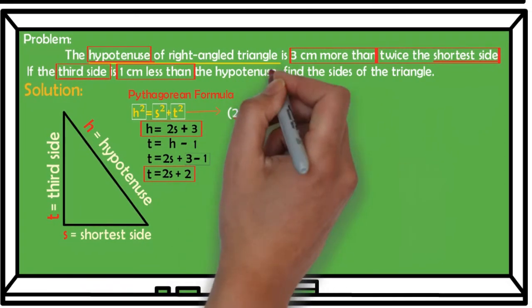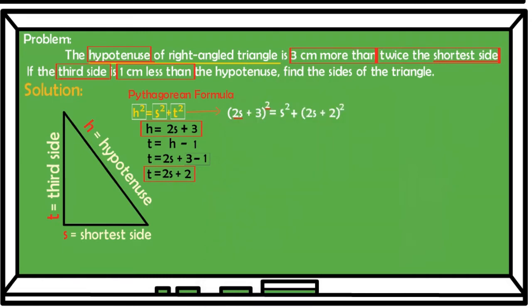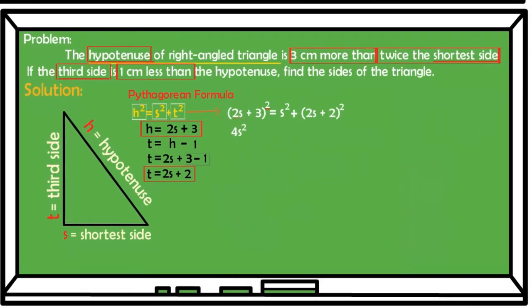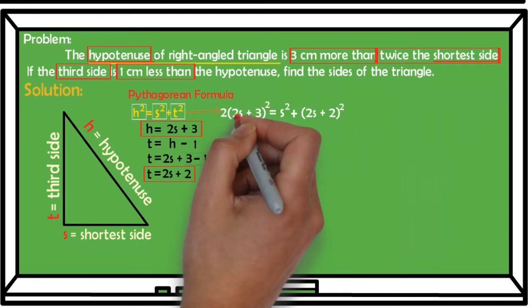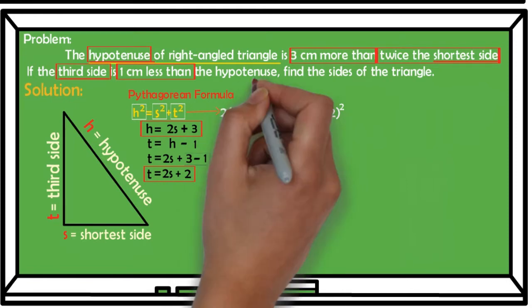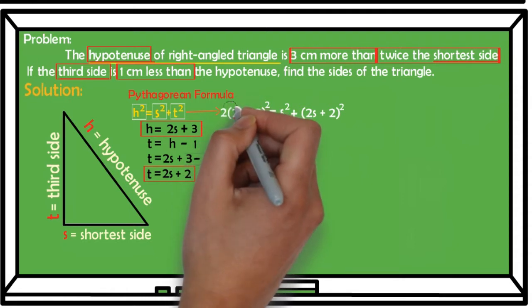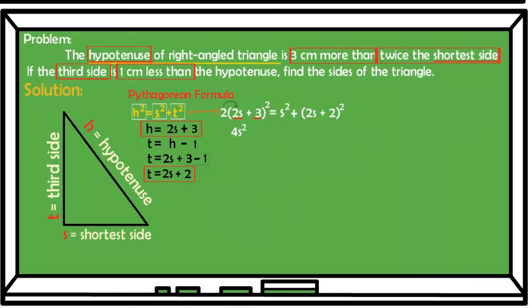So 2s squared is 2s times 2s, we have 4s squared. Next, using this process, we have the constant 2 to get the middle term: 2 times 2s times 3. So 2 times 2s, the answer is 4s.